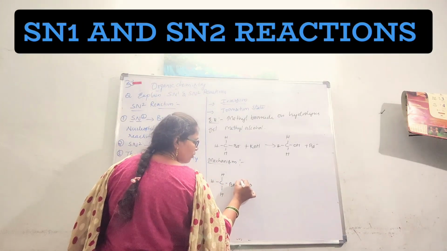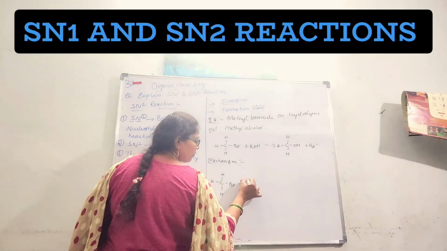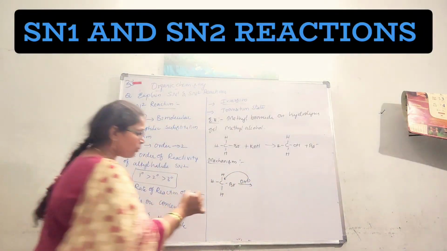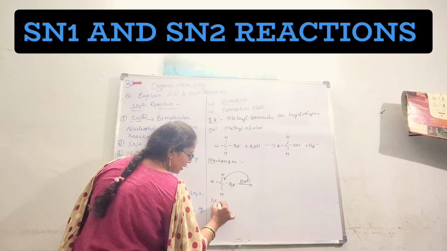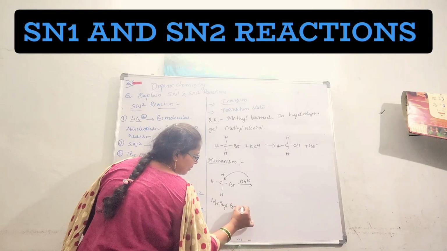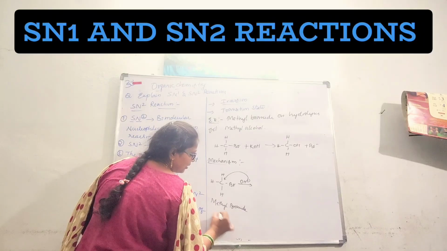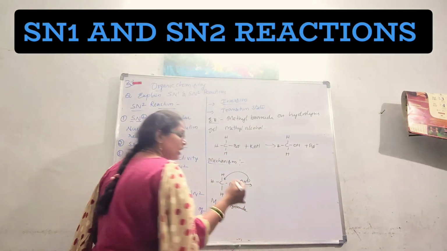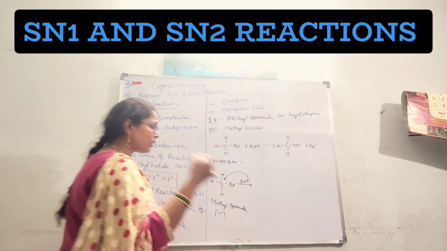There is an attack of the nucleophile, and there is a formation of a transition state between the reactant and product. Here we will see the unstable transition state between the reactant and product.